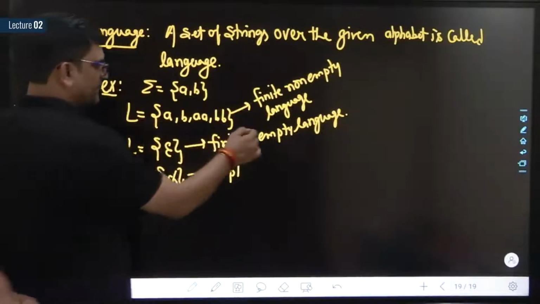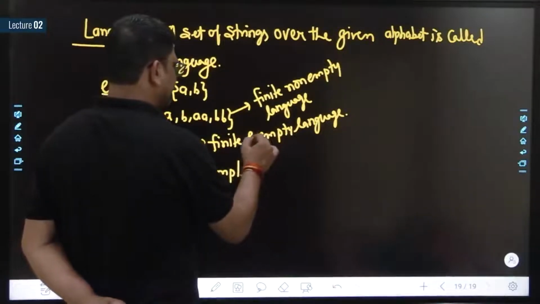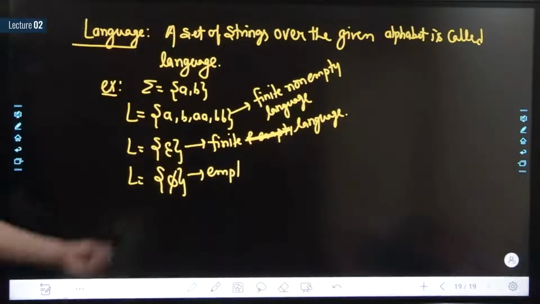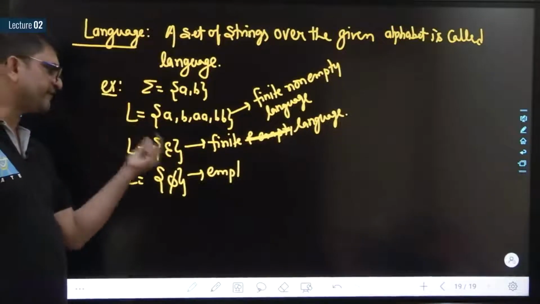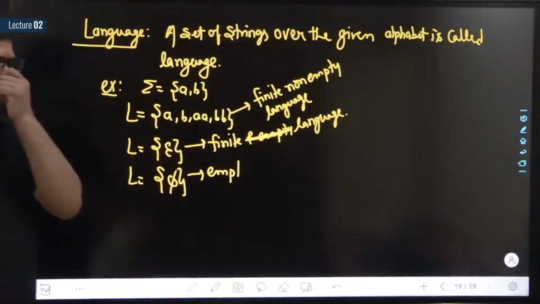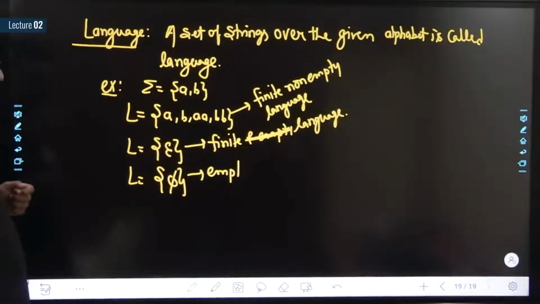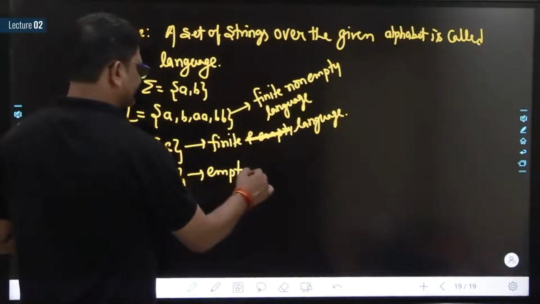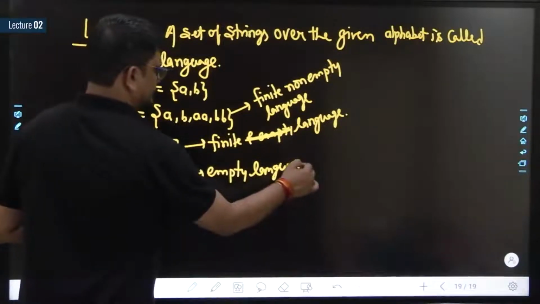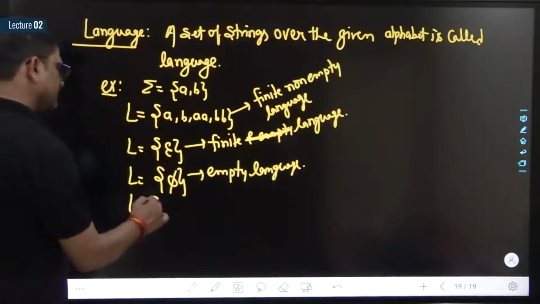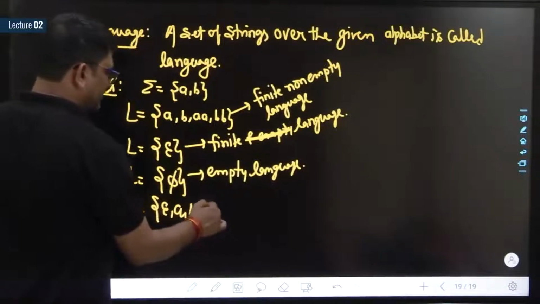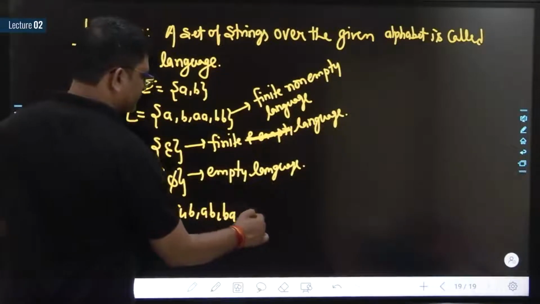Sorry, the epsilon set is not empty. This is a finite language. Only epsilon is there, a single string whose length is 0. Phi is the empty language. Next, epsilon, a, b, aa, bb, and so on.